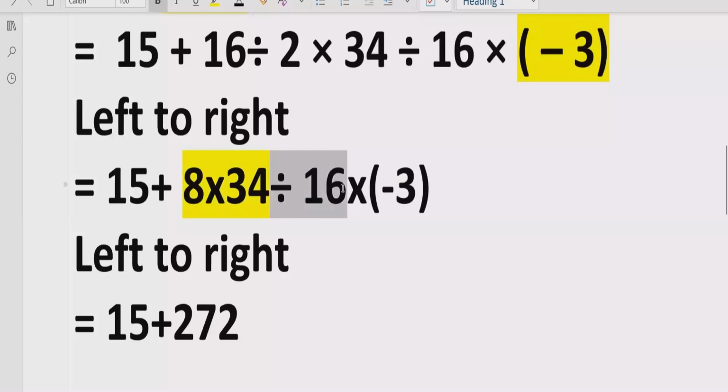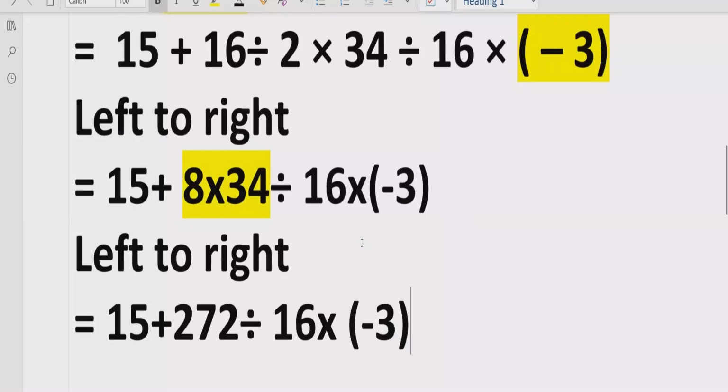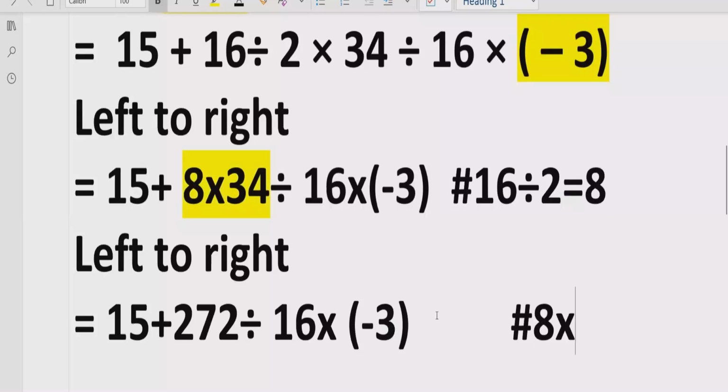Now divided by 16, we will write as it is, and multiplied by -3, we will write as it is. And here we will give the reference. Oh, we forgot to give the reference here. 16 divided by 2 equals 8.